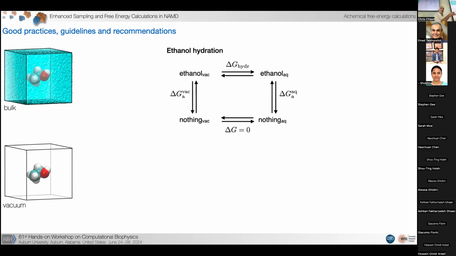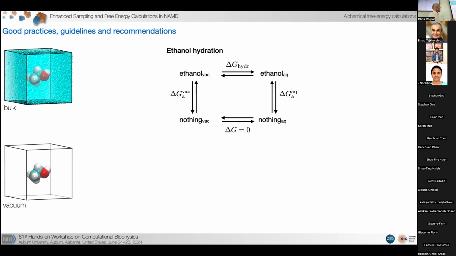Now we are talking about alchemical transformation. So we're going to think about this problem through the prism of alchemical transformation. And so we're going to make the ethanol disappear in the vacuum on the left-hand side. And we're going to make the ethanol disappear in the water phase on the right-hand side.